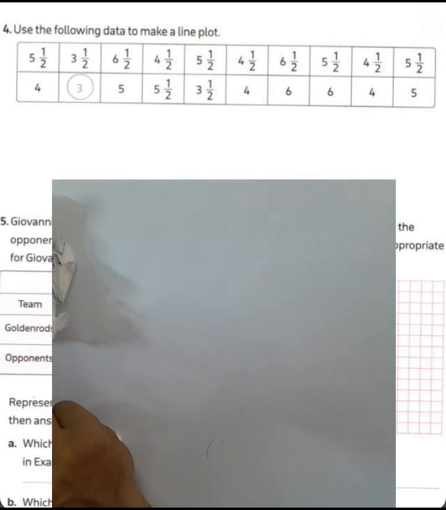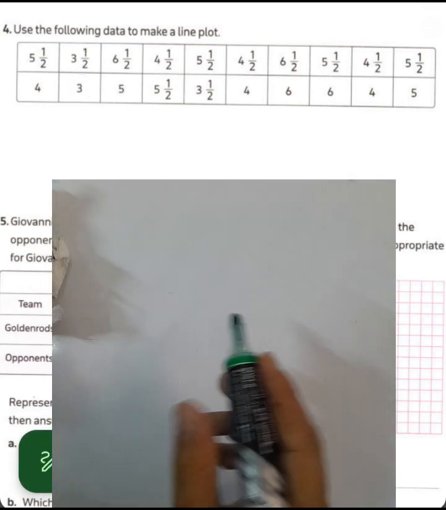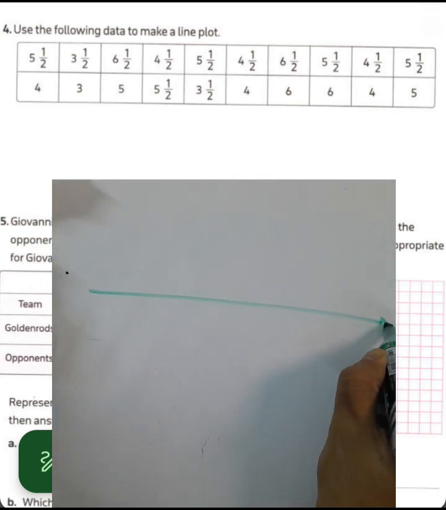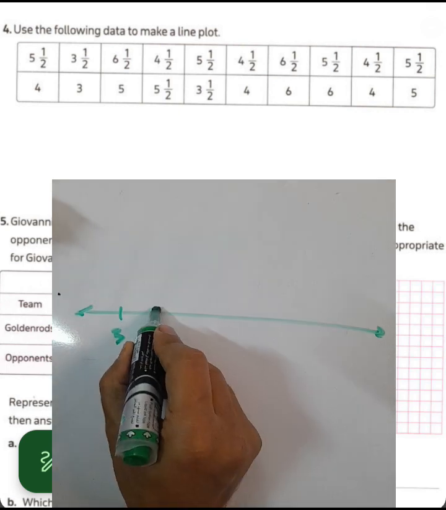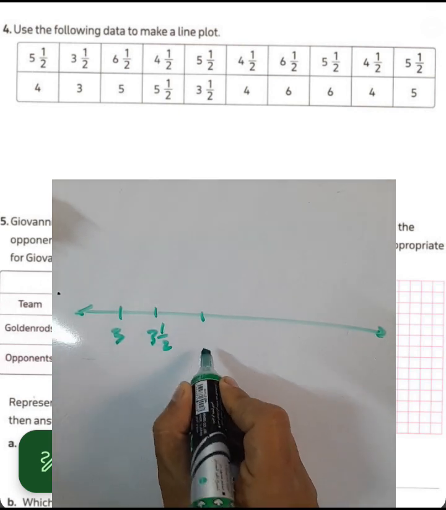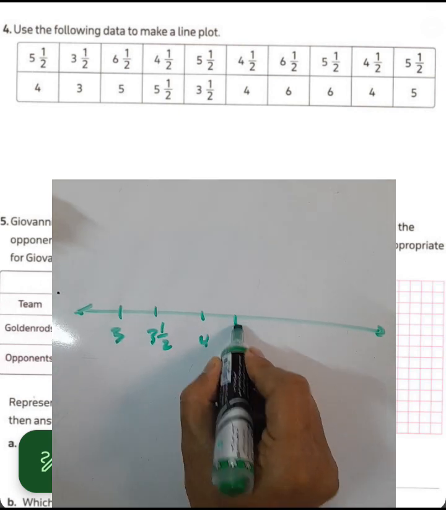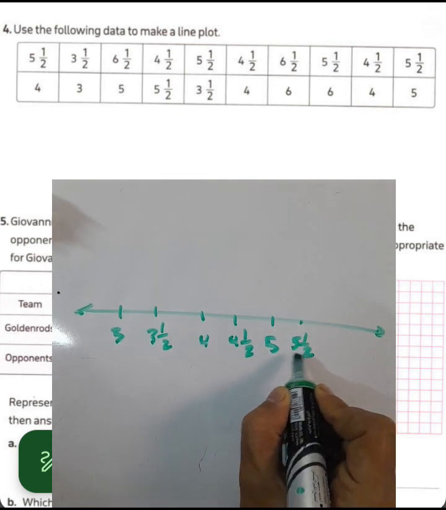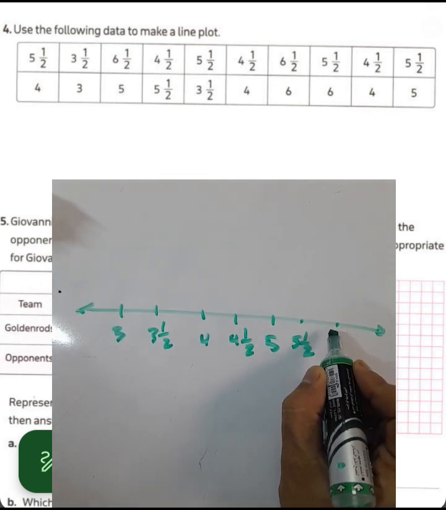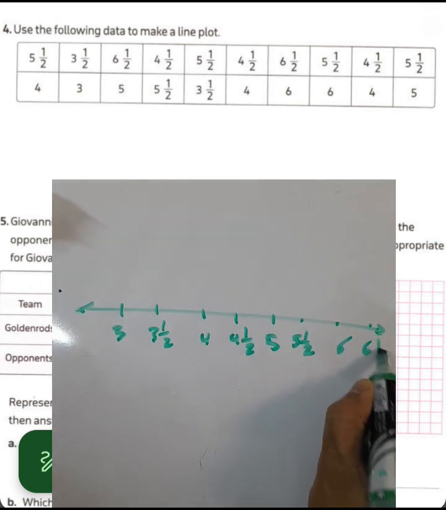It's 3. And then we will draw a number line here. We will put here 3, 3.5, 4, 4.5, 5, 5.5, 6, 6.5.